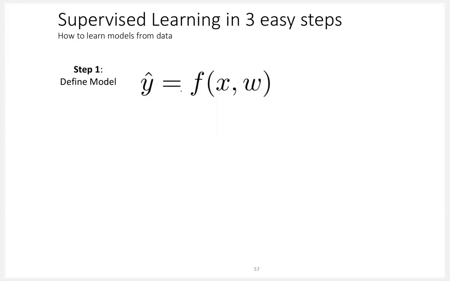We are given the input data, and we also know exactly the label y, so we know the ground truth, and we're trying to find the optimum W. W you can think of as summarizing all the parameters that you use in the model.